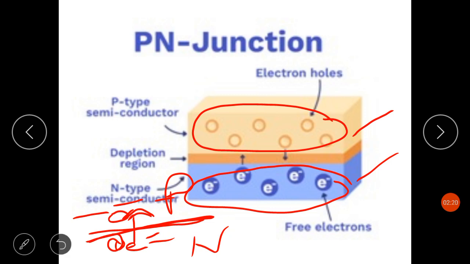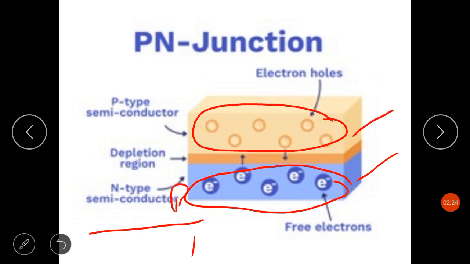The depletion region occurs near the interface. In the depletion region, the p side has negative charge, whereas the n side has positive charge.